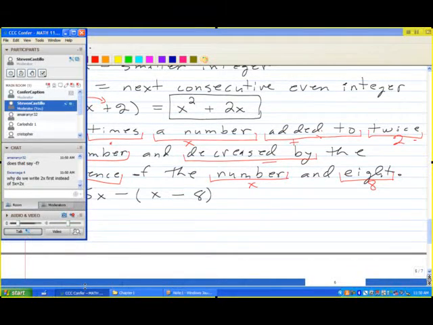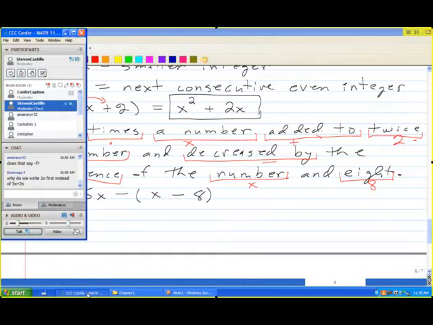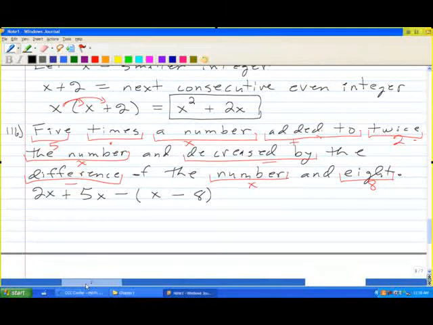In this case, it doesn't make any difference. You can write this as 5x plus 2x or 2x plus 5x.